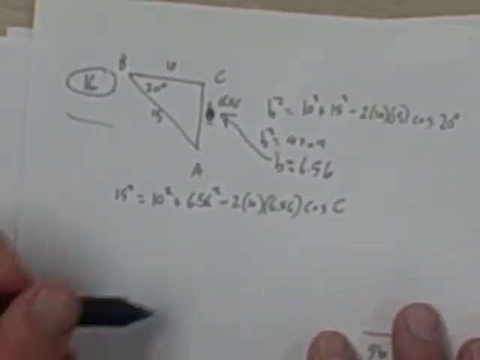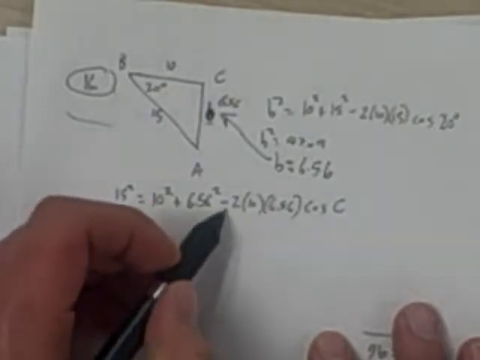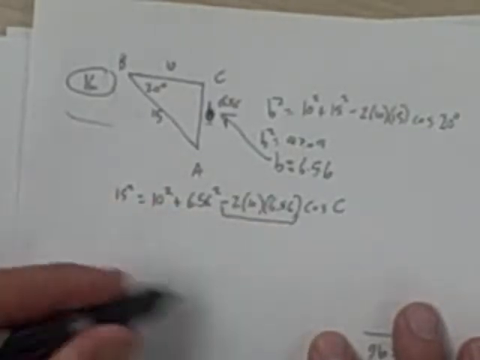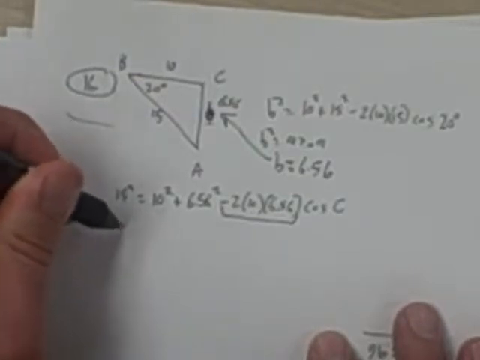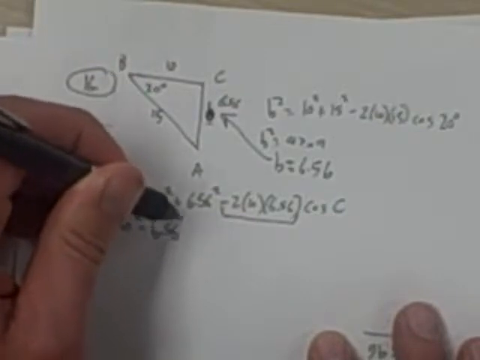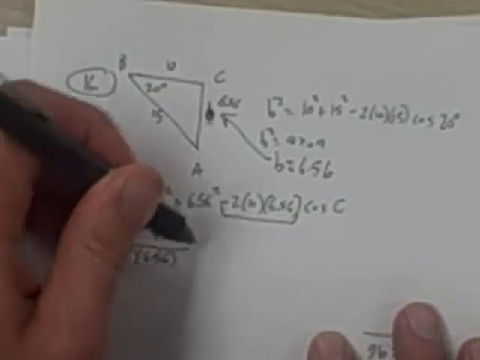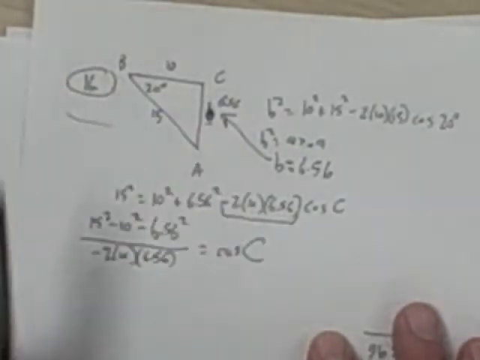So then, subtract 10 squared, subtract 6.56 squared, and divide by that number. So basically, I'm going to have 15 squared minus 10 squared minus 6.56 squared, divided by negative 2 times 10 times 6.56, and that should be the cosine of c.